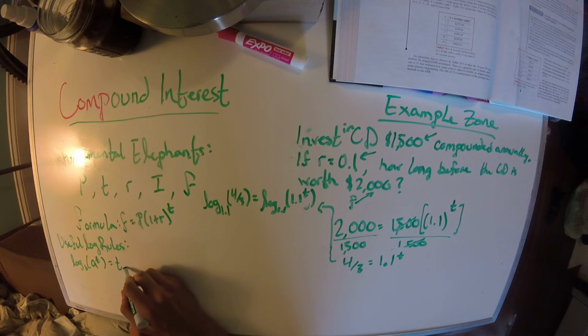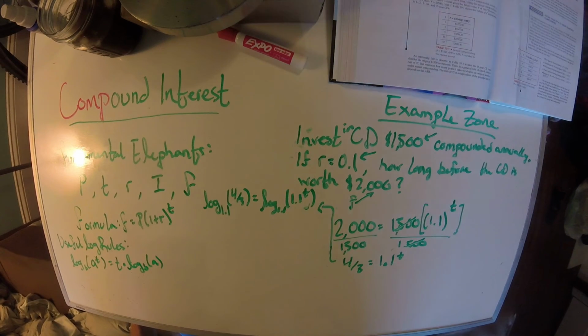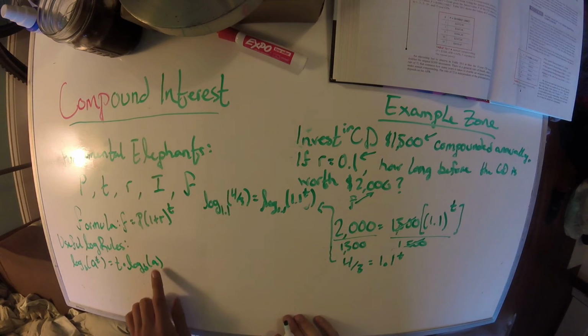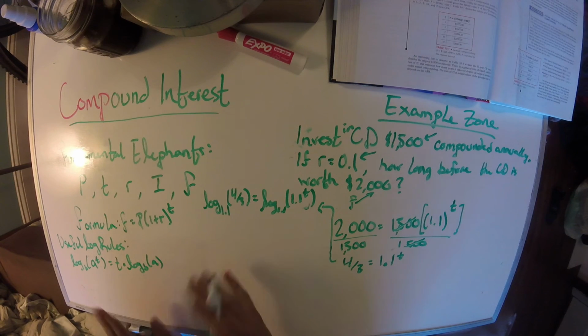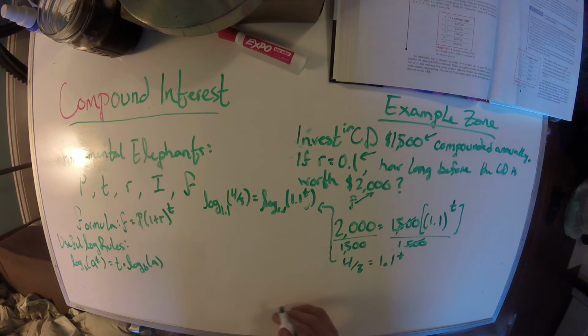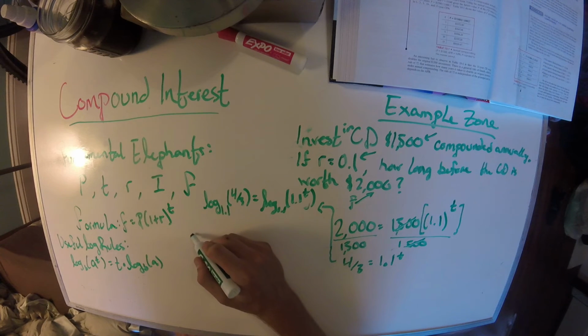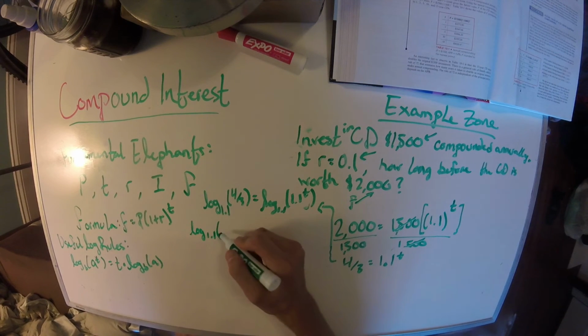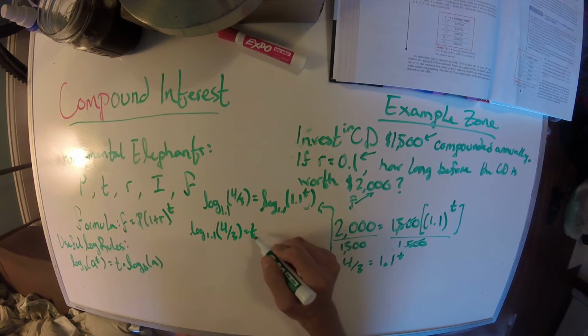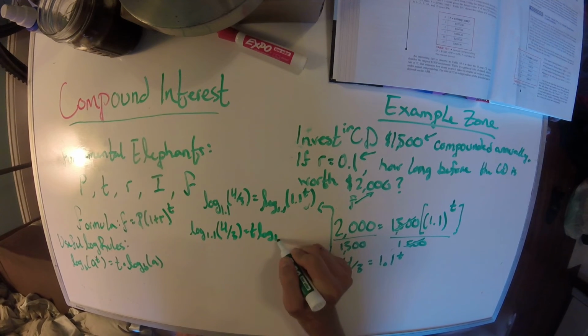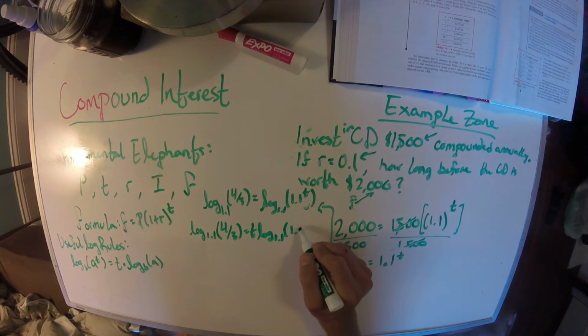So t times log base b of a, where the a is no longer raised to that t. So here we'll just do the same thing. Log base 1.1 of 4/3 equals t log base 1.1 of 1.1.